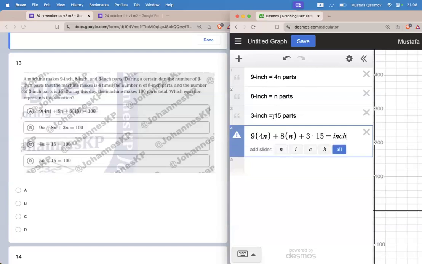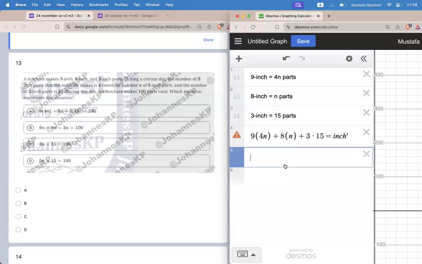But if you add those parts, 4n, n, and 15, it will be equal to 5n plus 15, and the number of parts will be 100. Okay, just wait 1 minute.